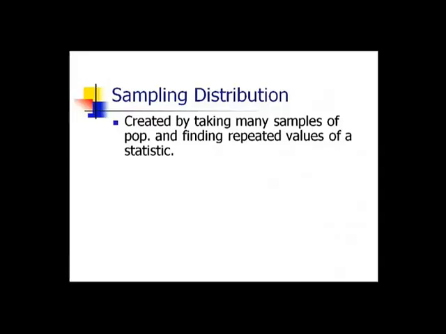I can take a sample from that, a random sample from that entire population, and I can find, let's say, the sample mean. All right? Now, I could go back and take a second sample and calculate a second sample mean, and a third sample, and a fourth sample, all of the same sample size.